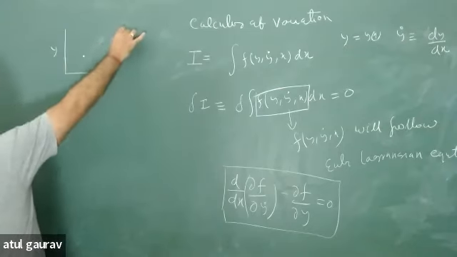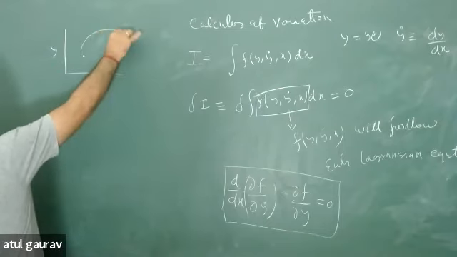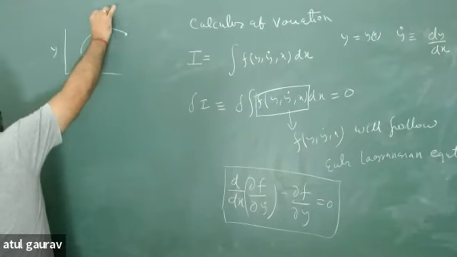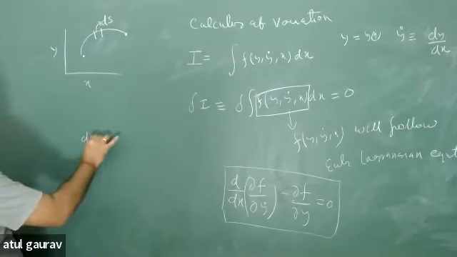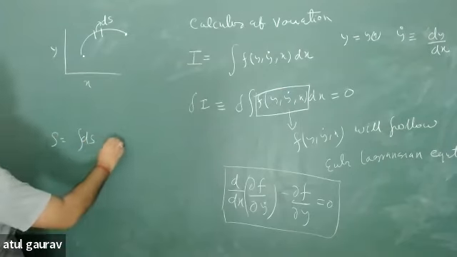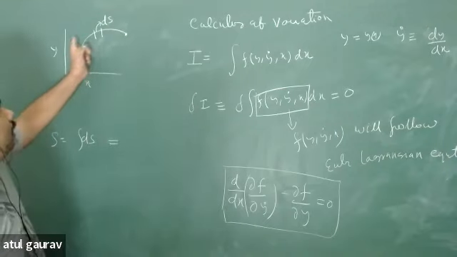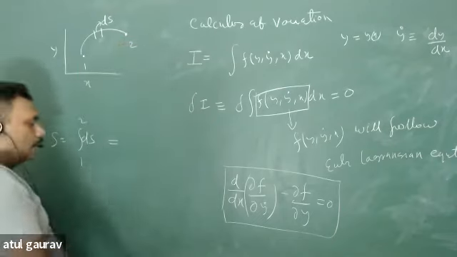Suppose this is my first point and this is my second point, and I can go with this path, and I am taking this as my ds. ds is the element of the curve, and if I integrate this ds, I will get the whole curve s. So I have to optimize this curve, going from point 1 to point 2.